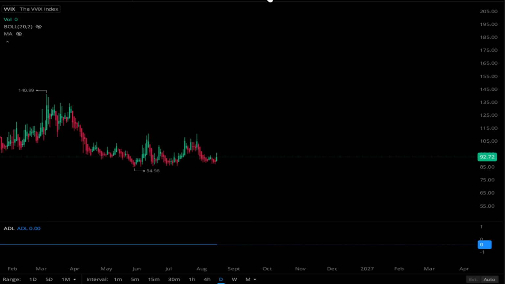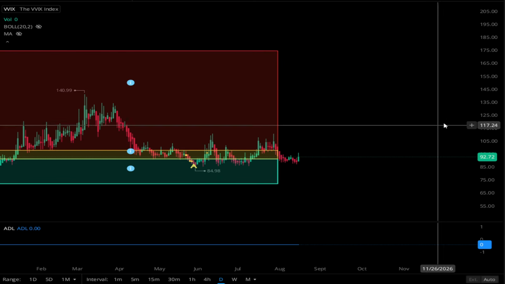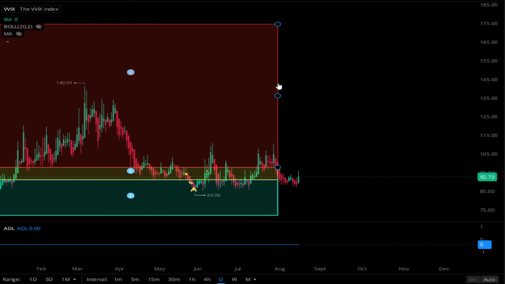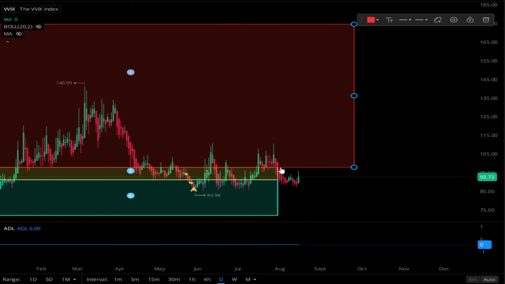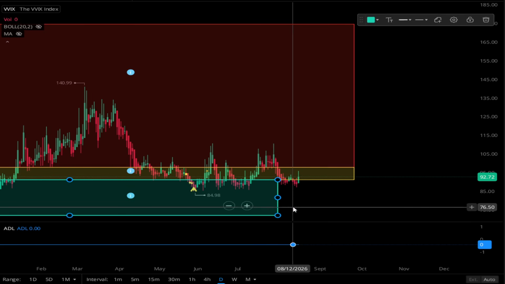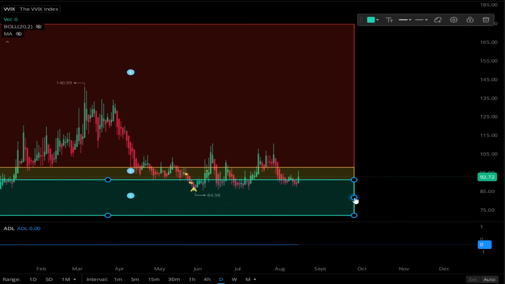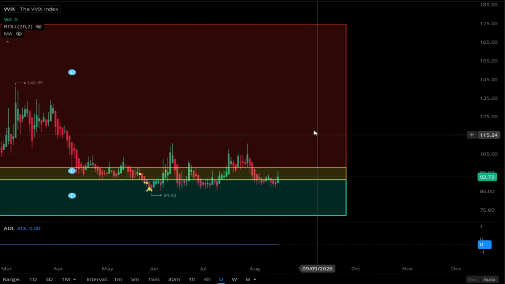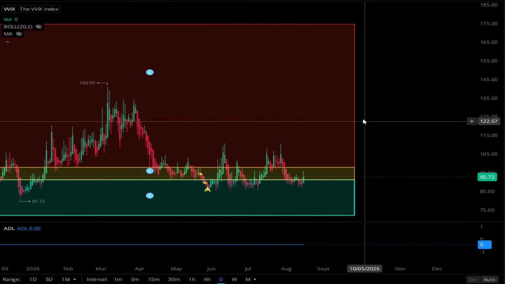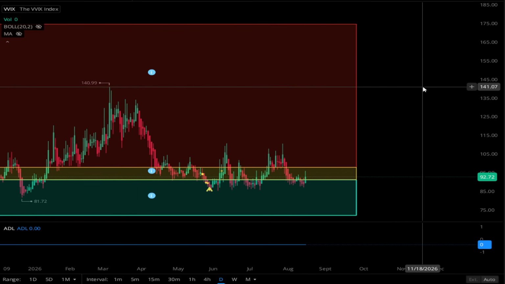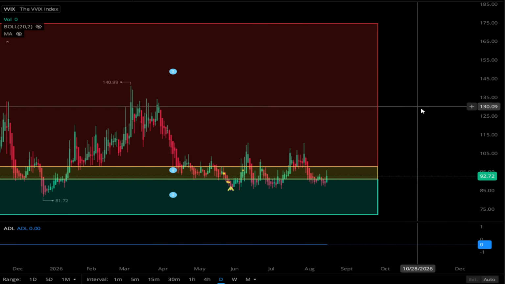Now, within the grand scheme of things, volatility is still at a fairly low range, and I do want to extend this outward a little bit, just because it is easier to see our ranges here. What's important is that I have this designed as a stoplight, or a traffic signal.